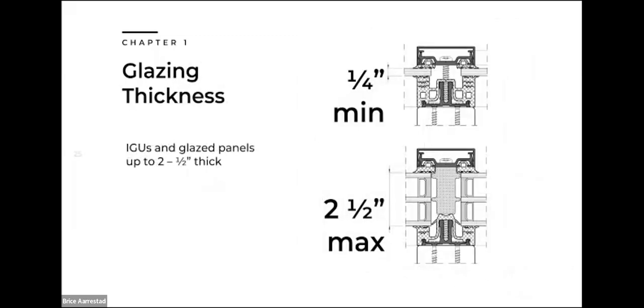When looking at the depth of this system, how thick that glazing panel can be, whether it's an IGU, an insulated glass unit, or an aluminum sandwich panel, the depth can vary from 1/4 inch to 2.5 inch. We typically see a 1/4 inch panel on an interior application, whereas a thick 2.5 inch deep IGU is getting pretty hefty out there, but the system can handle that, can support it.